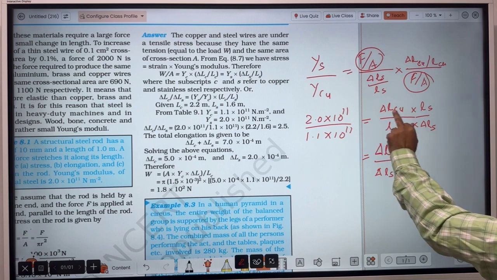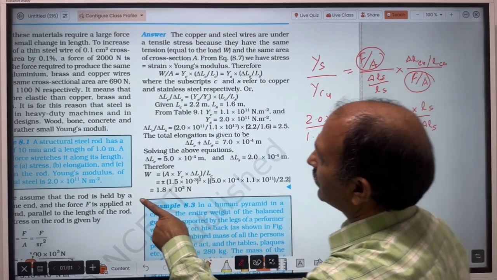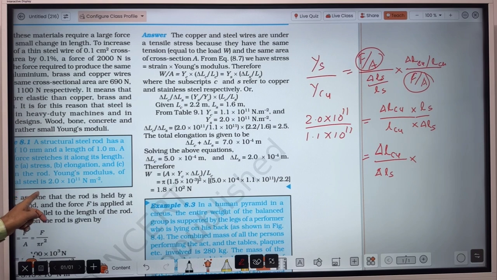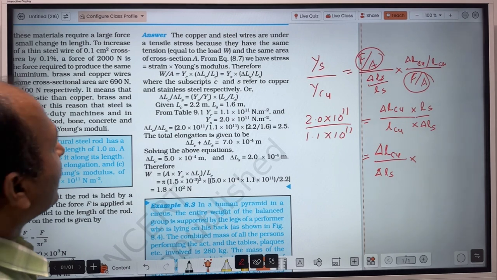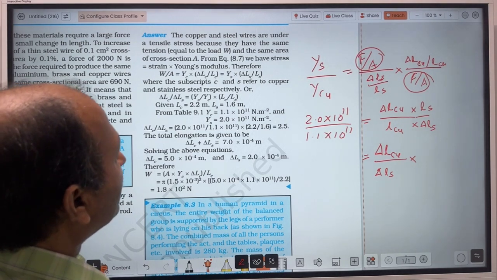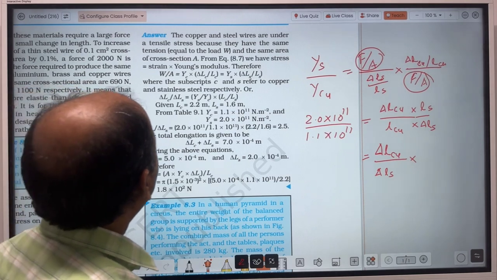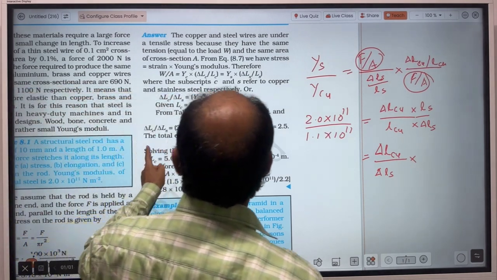LS, the length of steel wire, is how much? The length of steel wire is 1.6 and that of copper is 2.2. So we can put those values.